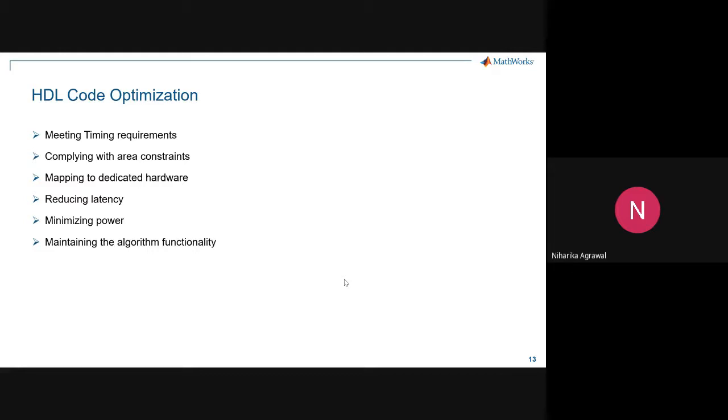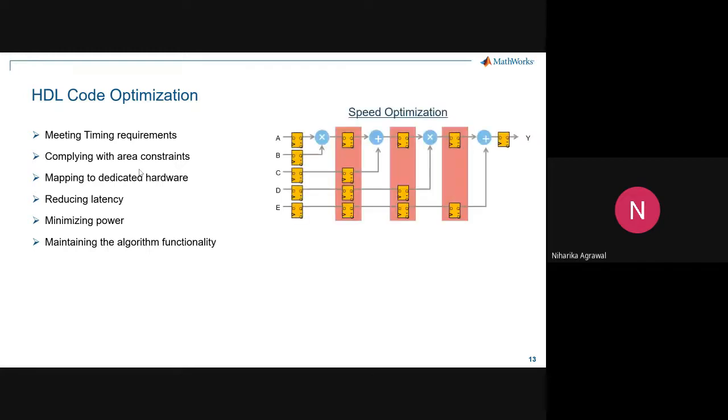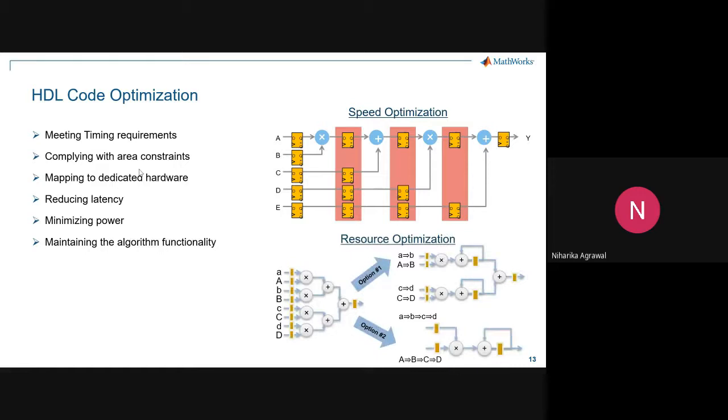And what if it is not meeting the timing requirement? We can do the optimizations for timing requirements with area constraints. We can map it to dedicated hardware also. We can reduce the latency. We can minimize the power, and after all the optimization, we can also maintain the algorithm functionality.